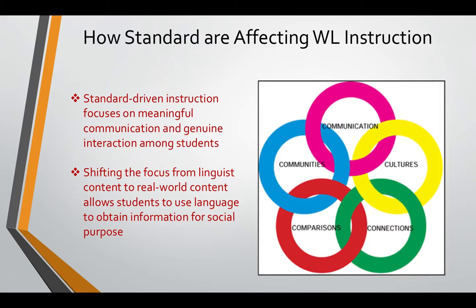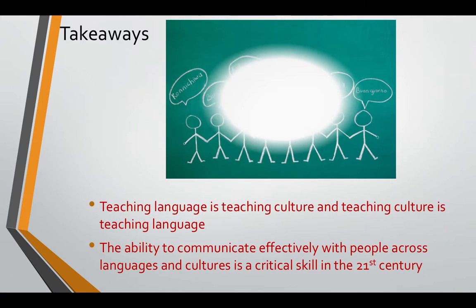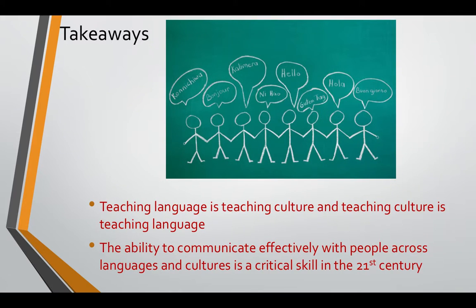Okay, and then there's certain things that stuck with me throughout the book, the reading. And the first one was that teaching language is teaching culture, and that teaching culture is teaching language. Like I mentioned before, when we are teaching our students how to interact in our target language, we're allowing them to be part of that culture.